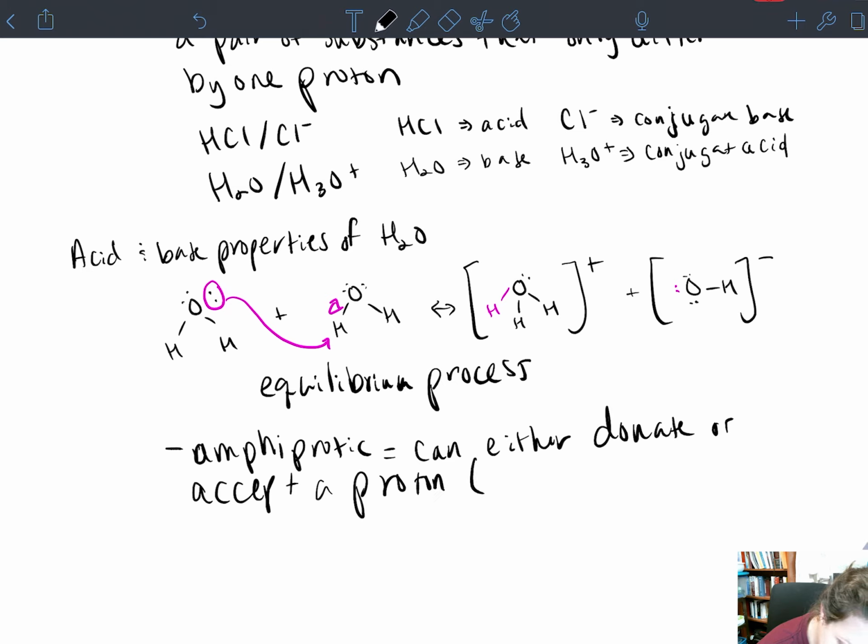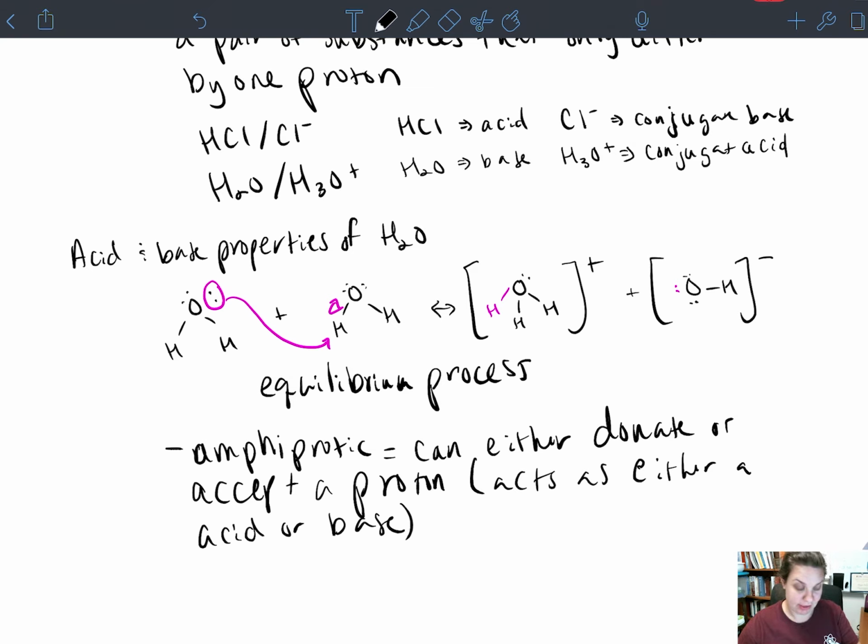So it acts as either an acid or base. Okay, and in the case of the autoionization of water, which is what this is, water is acting as both an acid and a base.